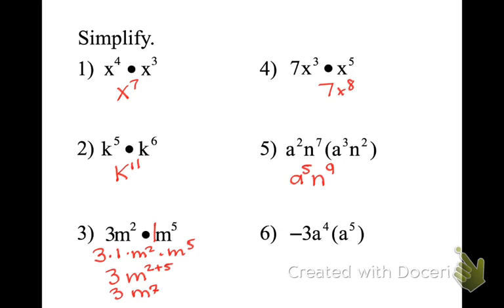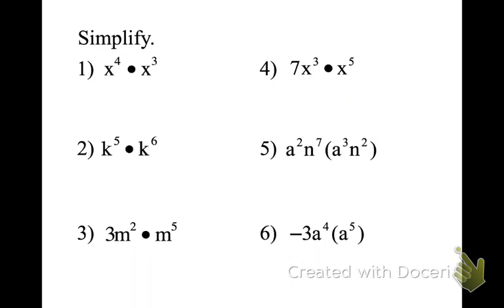Everything's straight multiplication. It's the same thing, but it's repetitive. When next to each other, it means multiplication. Okay, next one. How about Roman? I got negative 3a to the 9th. Good. Okay, there we go. Questions? Okay, moving on.